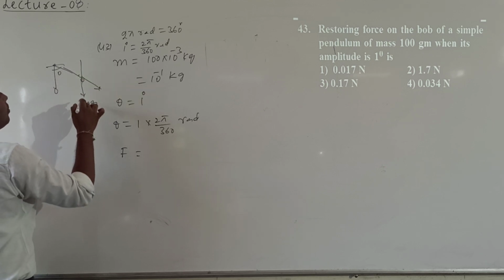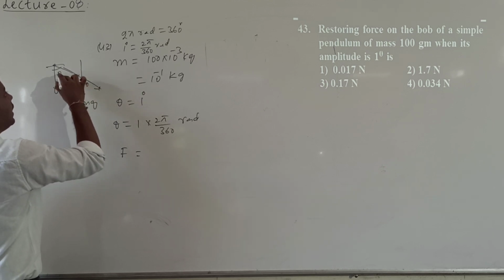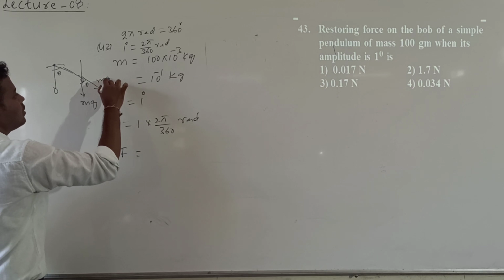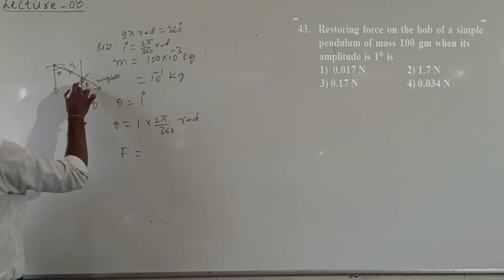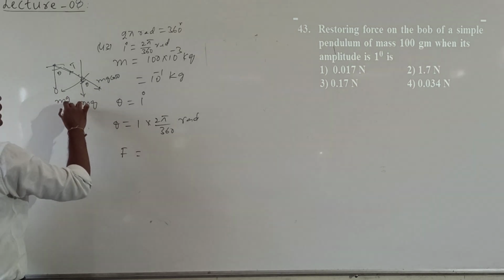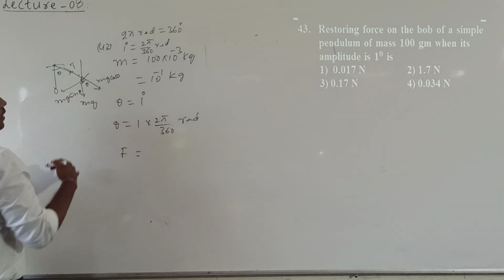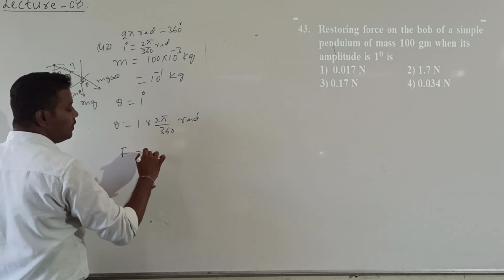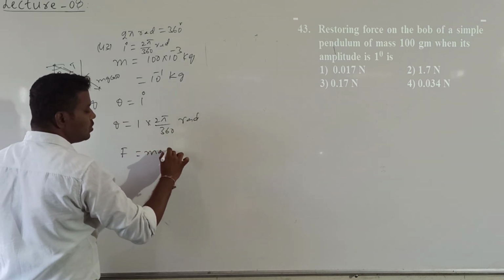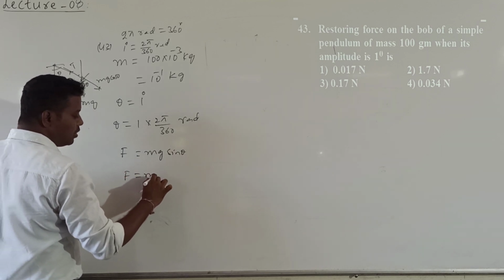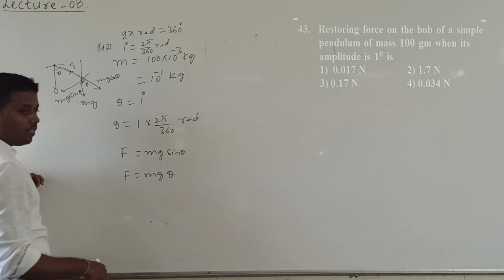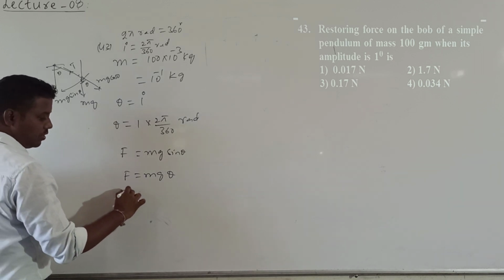This is theta, and this is also equal to theta. The component mg cos theta is balanced by the tension. The unbalanced component is given by mg sin theta. Whenever theta is very small, mg into sin theta can be written as m into g into theta. That is the restoring force.